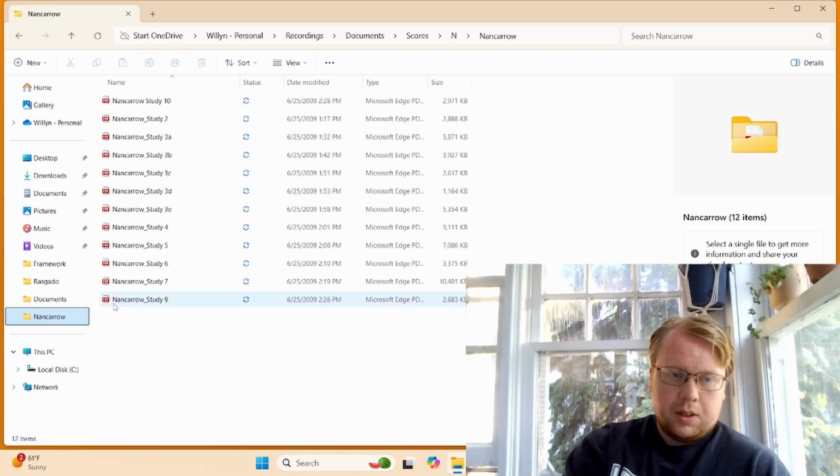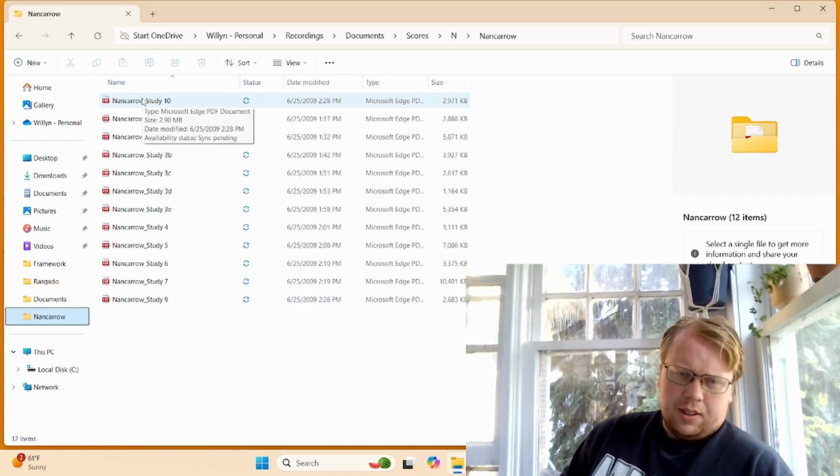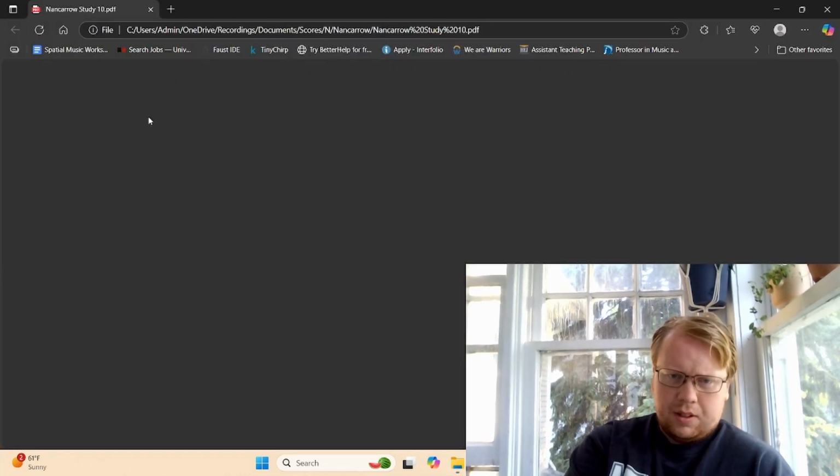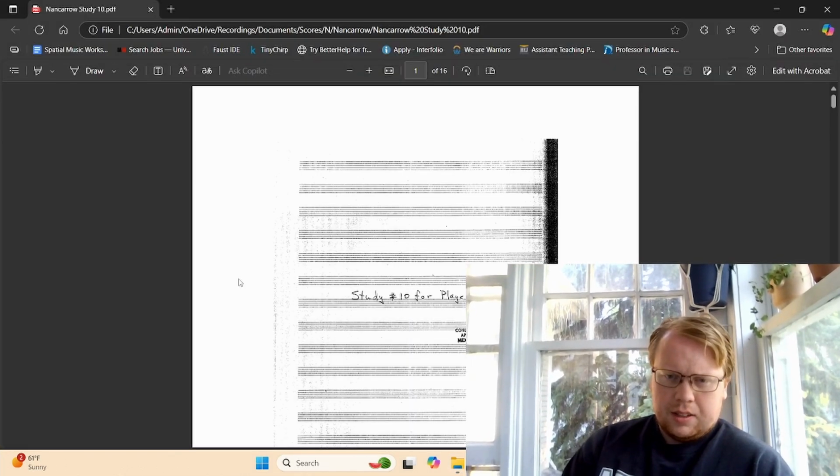So this morning I'm gonna be finishing off all of my Conlon Nancarrow scores with this manuscript of study number 10. This is apparently the last player piano study that Nancarrow wrote that was influenced by jazz.